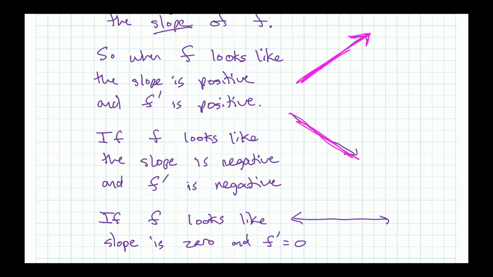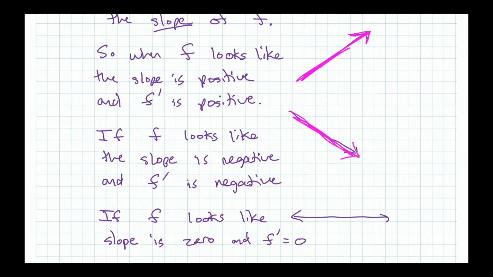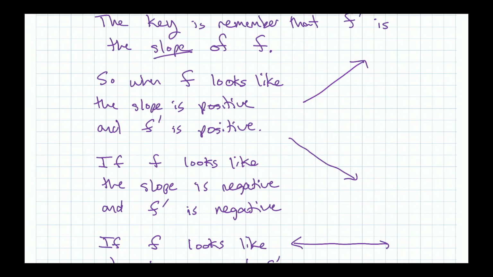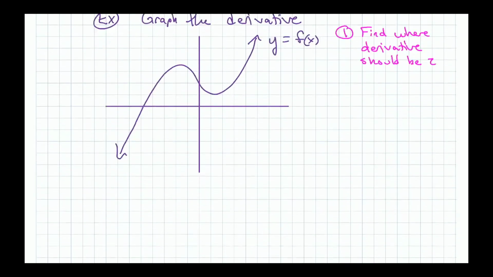If it's down and to the right, that's a negative derivative. And if it's horizontal, that is a 0 derivative. Well, we don't have this being horizontal anywhere, but we do have a couple of points where it's horizontal. Right here at the top, the tangent line's horizontal. And right here at the bottom, the tangent line's horizontal. So at those 2 points, the derivative is 0.